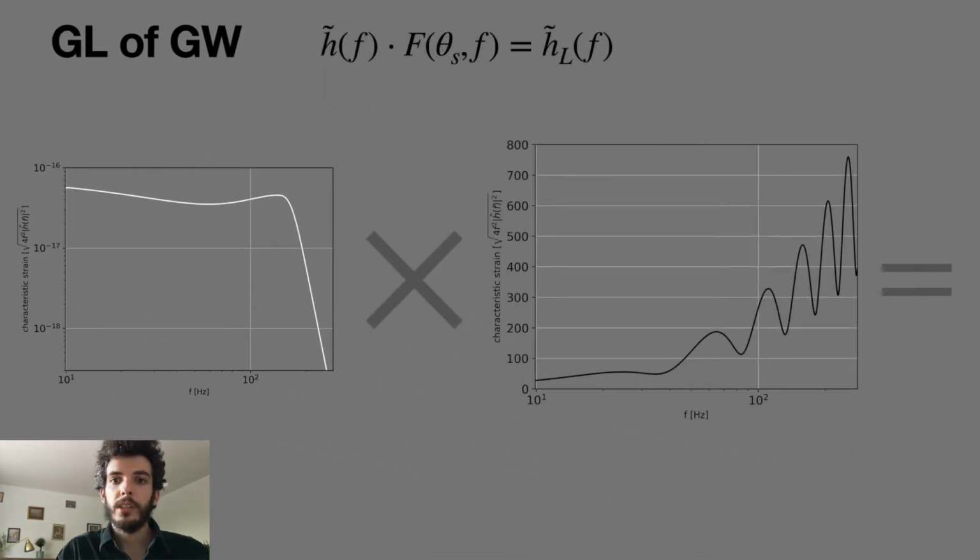Then, in the frequency domain, the lensed waveform is obtained by the product of the unlensed one with the amplification factor. This factor contains all the information about the lensing system and in particular about the lens.